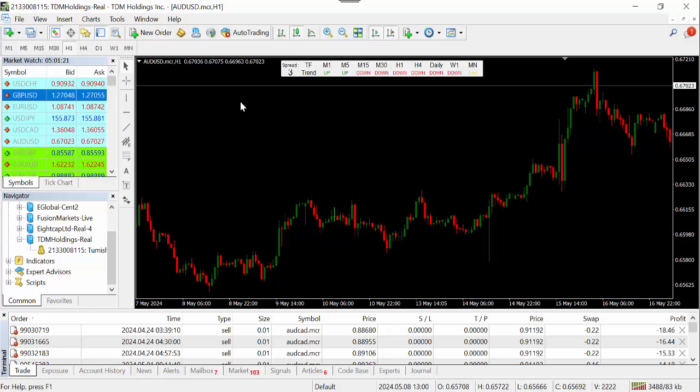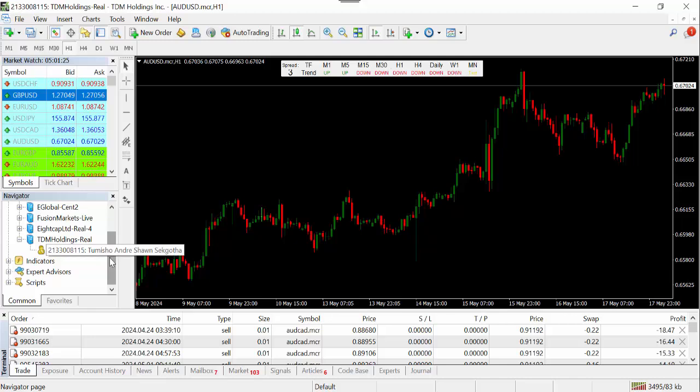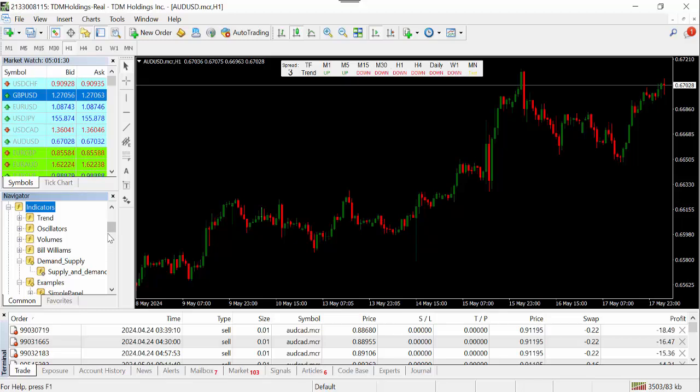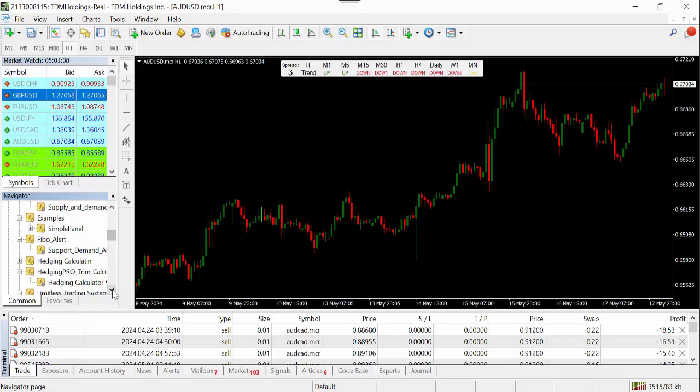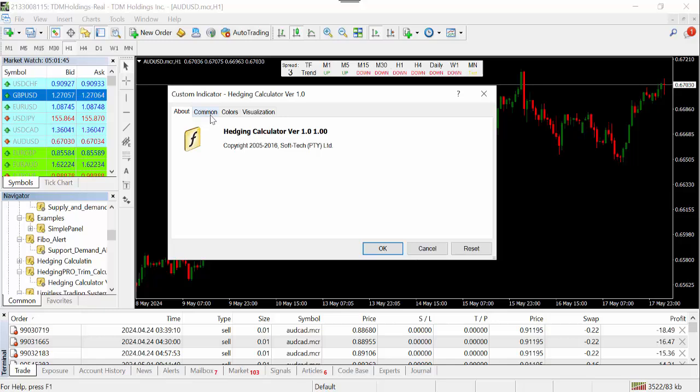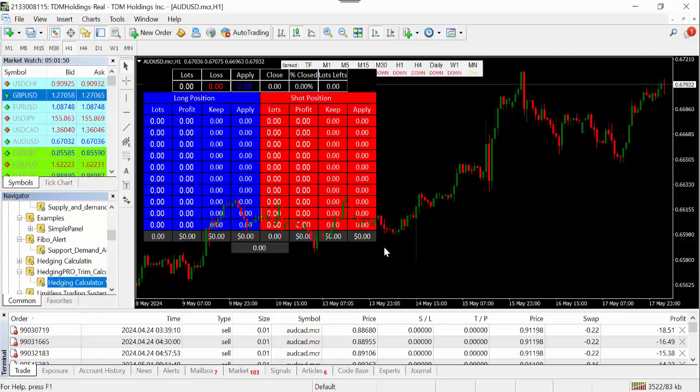Now I need to look for my calculator and bring it to the chart. Under indicators, Hedging Pro Trim Calculator, which is this. Then I drag it to the chart. There's nothing to modify. Just drop it on the chart. And this is how the calculator looks.